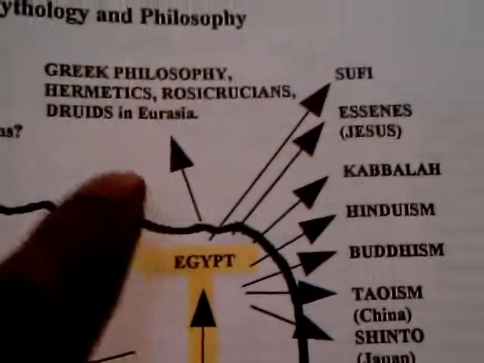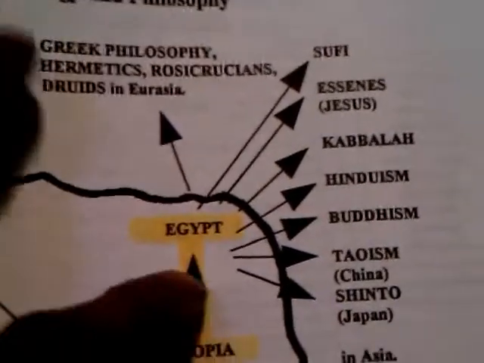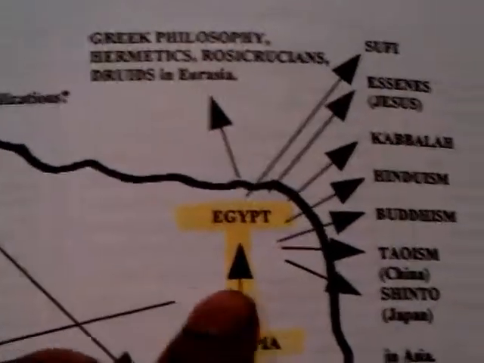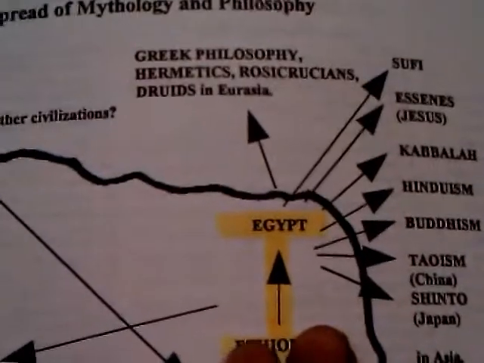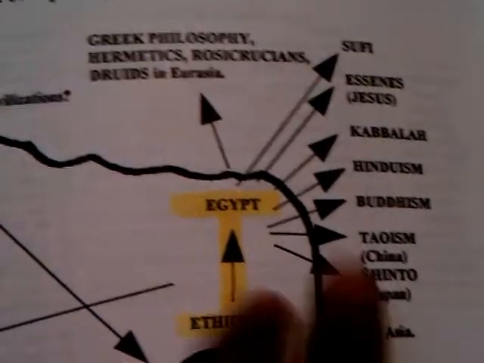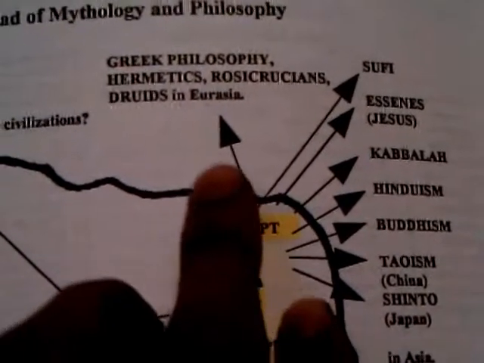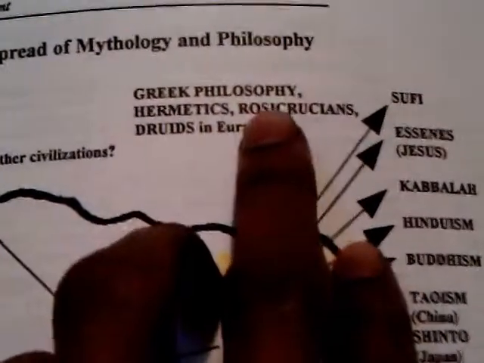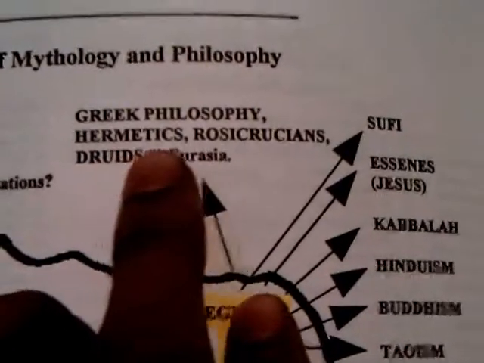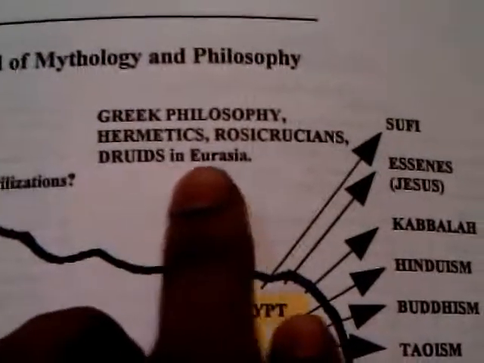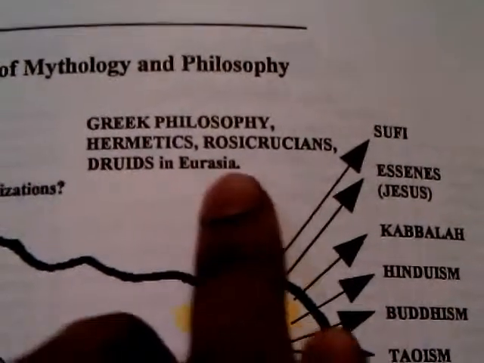But now, it is from Egypt that, as we see, it branches out into different directions. We can see a branching out as it goes to the north to so-called Greek philosophy and what's mentioned as hermeneutics, or the Rosicrucians and the Druids and what's known as Eurasia.